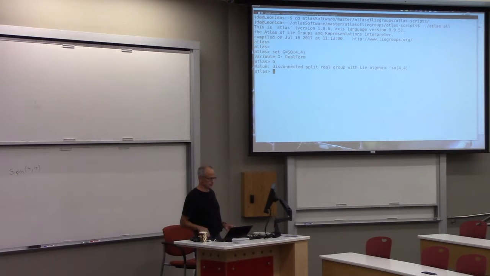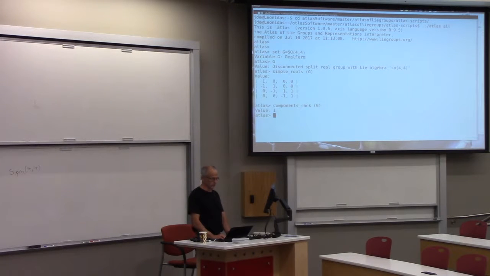So this is a disconnected split real group with Lie algebra so(4,4). The simple roots are the familiar D4 roots. Components rank 1 means that the component group is Z2 to the 1, which is to say it has two components.